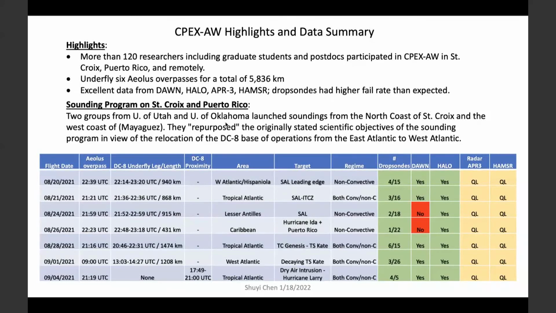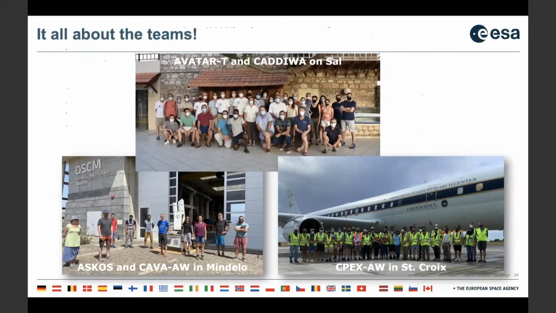We also have soundings launched from both St. Croix and Puerto Rico, largely by the University of Utah and the Oklahoma group, with Puerto Rico students participating. I'm going to leave you with a few pictures just to reflect the human side of a field campaign.